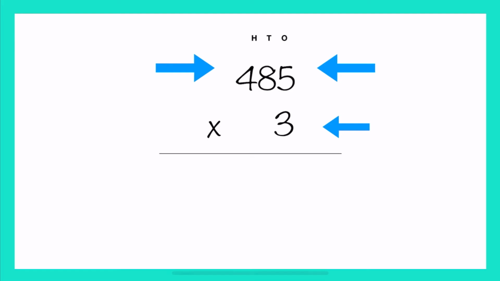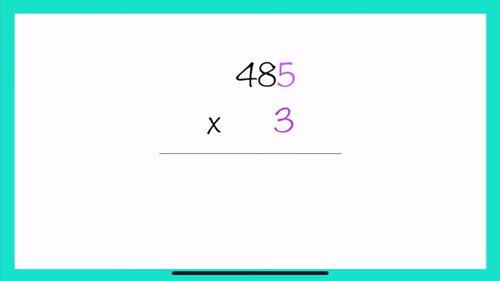So 5 ones times 3 is 15 ones. Since each place value can only have one digit, we keep the 5 in the ones place and we carry the 1 to the top of the next place value, the tens. And we'll add that in just a second.